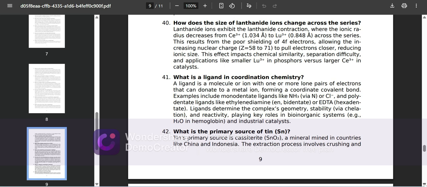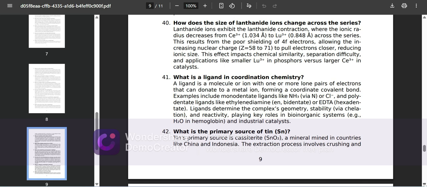How does the size of a lanthanide ion change across the series? Lanthanide ions exhibit the lanthanide contraction, where the ionic radius decreases from cerium 3+ at 1.034 angstrom to lutetium 3+ at 0.848 angstrom across the series.